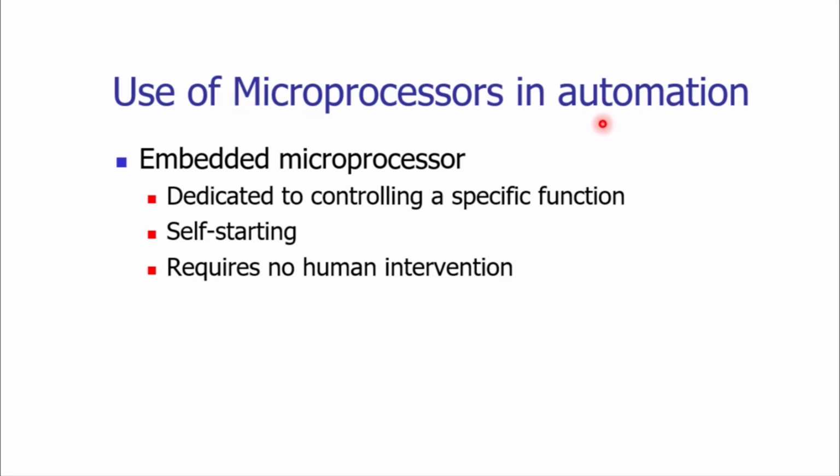As we have seen in the definition of automation, we want to reduce human intervention. We want to have no intervention. So to carry out the operations in auto mode, we are taking help of electronics-based circuitry, that is nothing but the microprocessors.